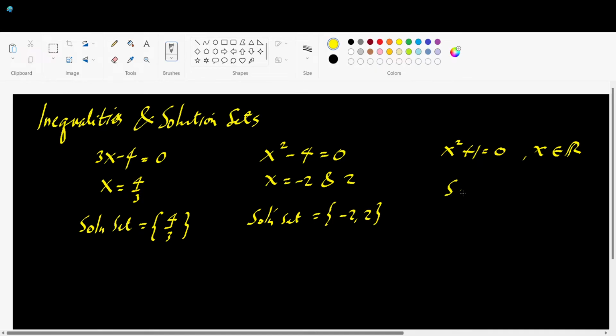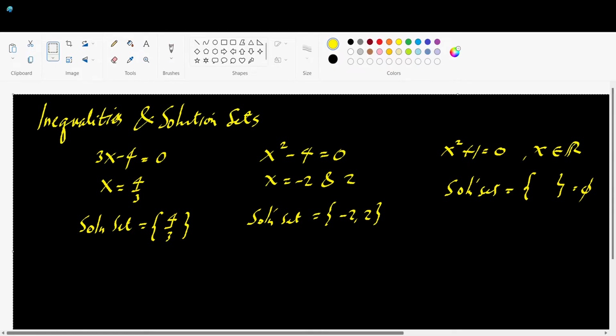So we say that the solution set for this equation will be the null set. In each of these three cases, the third one has no solution. For the first two, notice that there are a finite number of solutions to our equation.